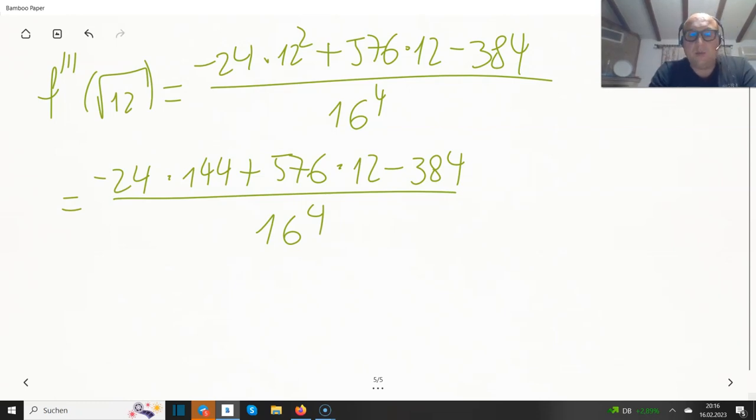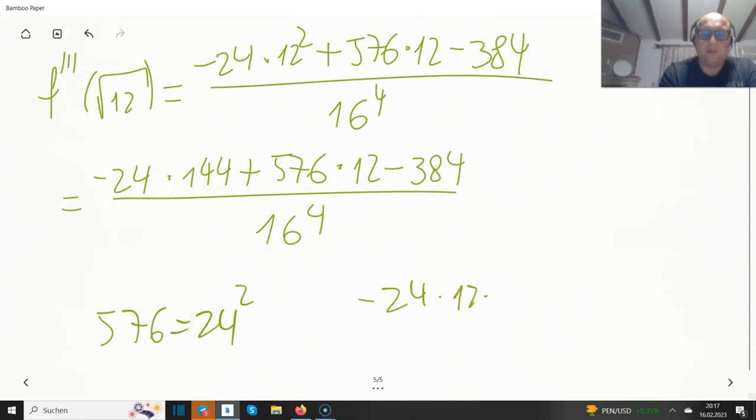I need to estimate whether this guy could be somehow 0. I don't want to compute exactly. That's the point. Okay, so let's see. 576 is 24 squared, right? So I have minus 24 times 12 times 12 plus 24 times 24 times 12.